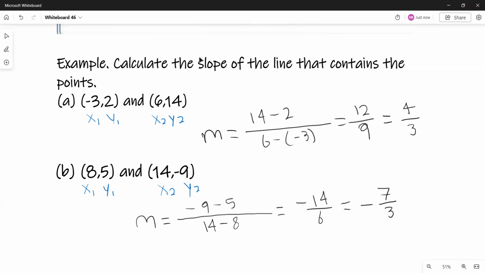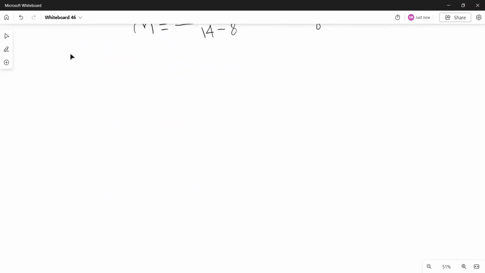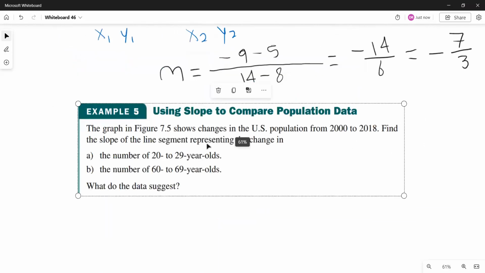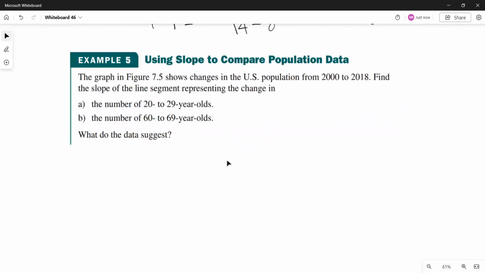Okay, so I'm going to do an example with the application. That's example 5 on page 312. Okay, so I'm going to copy the statement, and then I'm going to copy the graph.